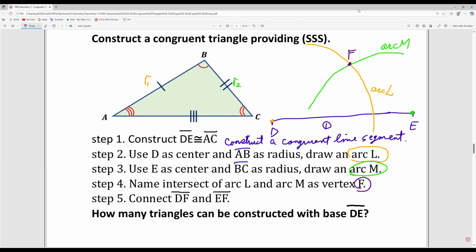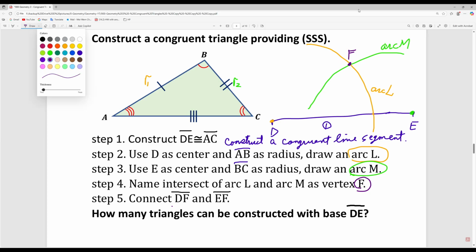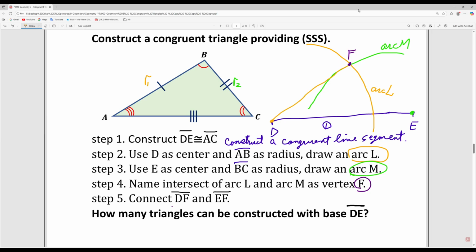Now, when you connect DF, what happens? Let me show you. If you connect DF, this is a radius 1. So guarantee AB equals to DF. Yes?